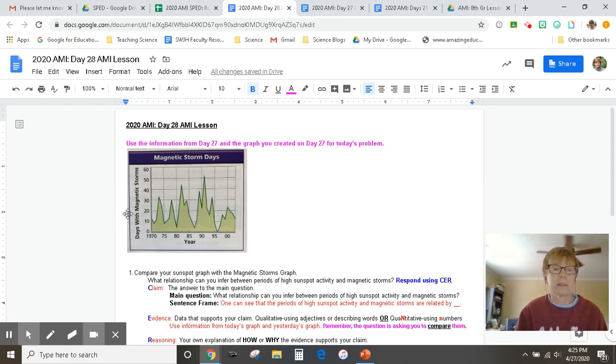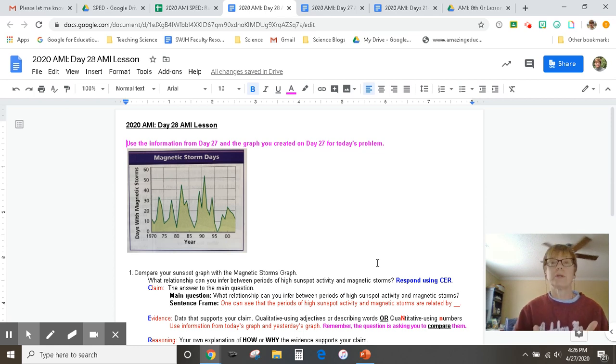Then on the y-axis, it's the days with the magnetic storms. And it goes from 0 all the way up to 60. And it looks like they're counting in increments of 10. And on the x-axis, they're counting from the year 1970 to the year 2000. So 1970, 75, 80. So on the x-axis, they're counting by years.